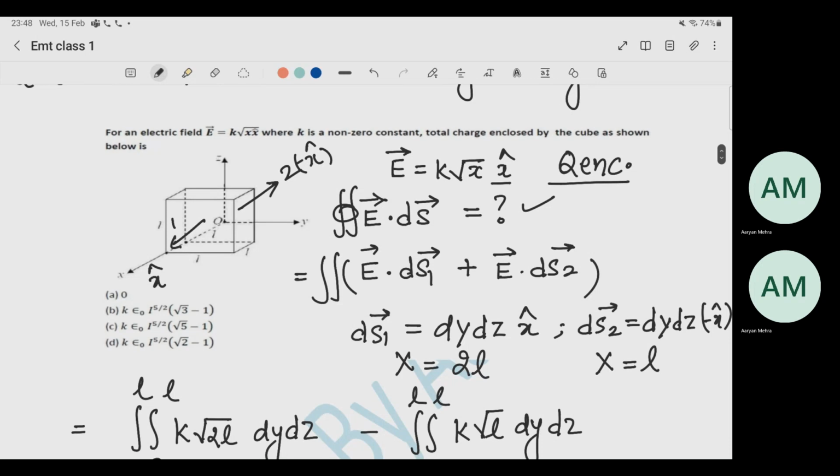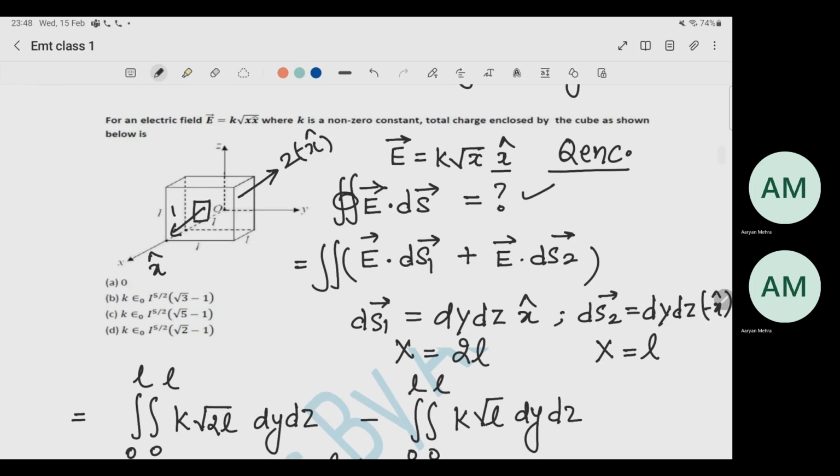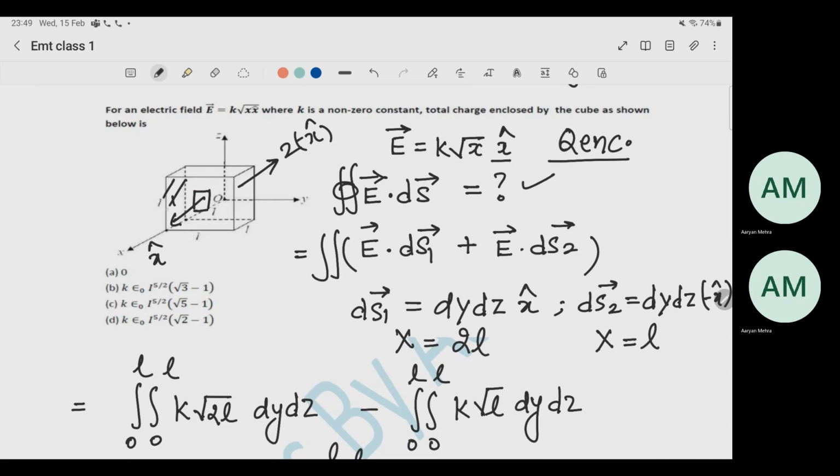So only two terms will be non-zero, which will be E dot ds1 plus E dot ds2. Now what is ds1? What will be the small patch on this surface? It will be dy dz, because in this surface, if you see it very carefully, your x is fixed. And what is the value of that x? The x value is 2l.